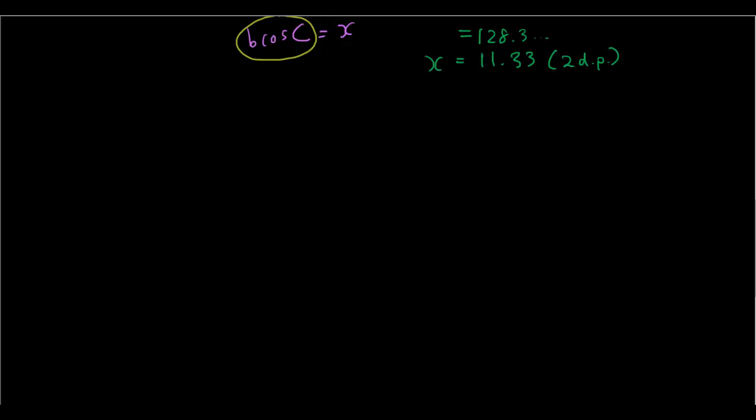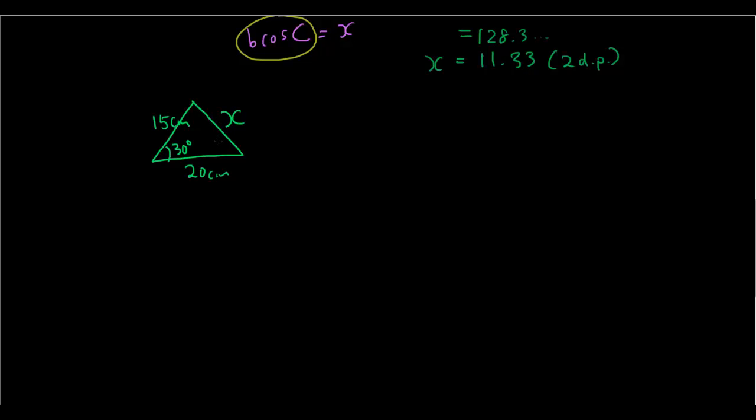So if I just give you a triangle again, and I give you two of the sides, let's say 15 centimeters, 20 centimeters, 30 degrees, and I asked you to find x, I'll let you figure this out first.